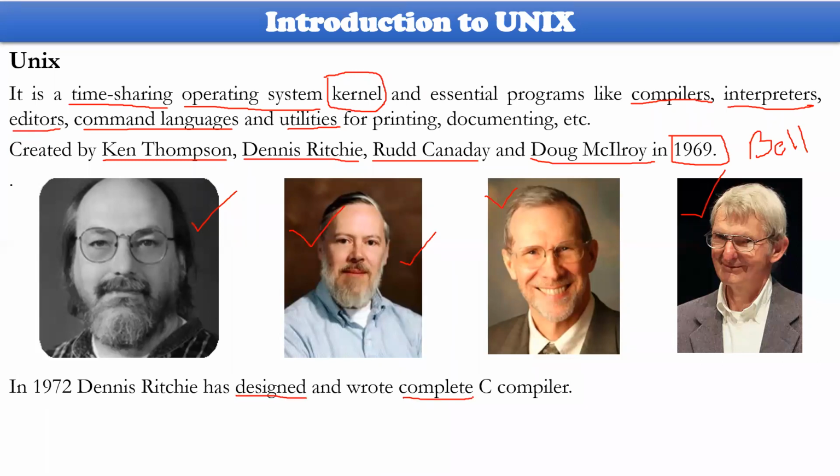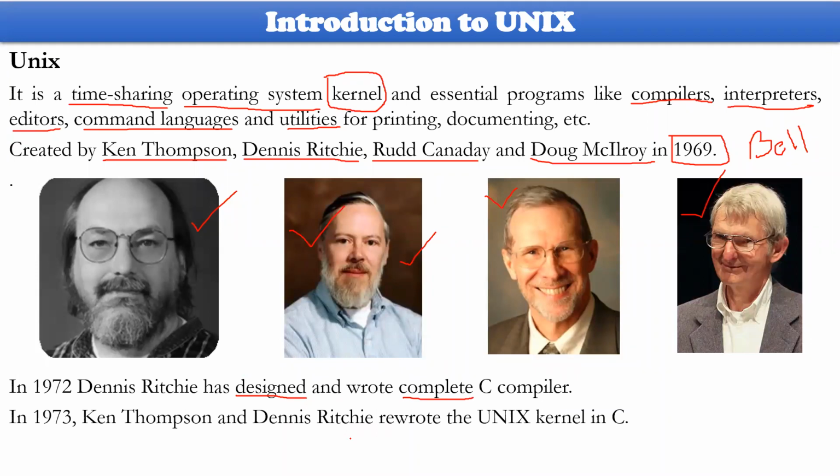After writing the complete C compiler, Ken Thompson and Dennis Ritchie rewrote the Unix kernel in C again. Before the invention of the C compiler, it had been written in assembly level programming language, which is called ASM, and which is somewhat difficult because it communicates directly with hardware, and people could not understand what it actually is.